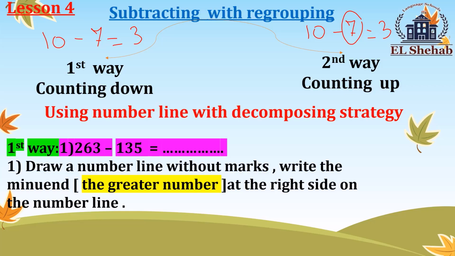So, the first way, if I want to make 263 minus 135, first, I have to draw a number line without marks. Then write the minuend. Minuend means the greater number or the first number in the subtraction equation, at the right side on the number line.